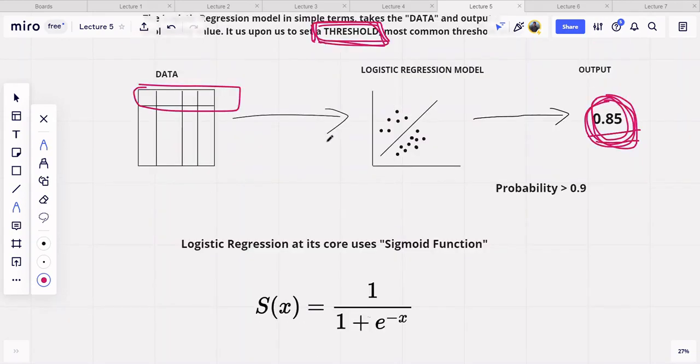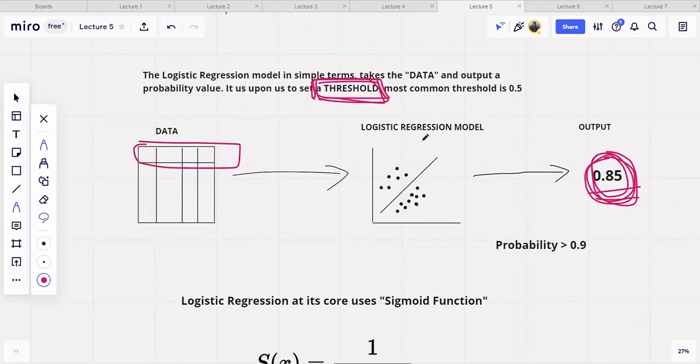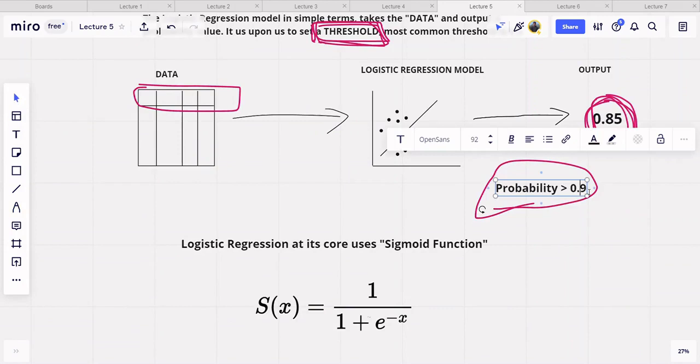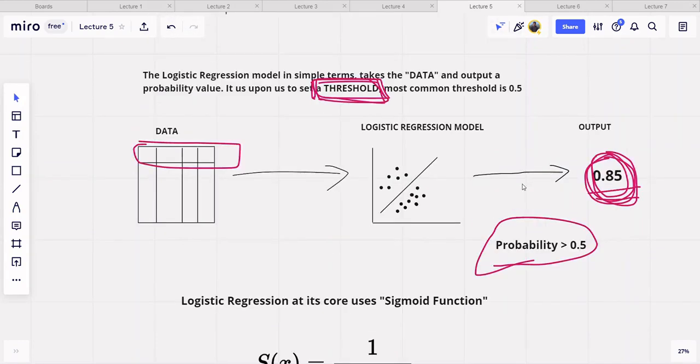So we can say that if the model outputs a probability higher than 0.5, then the person has diabetes. In the context of our diabetes data set, we can say that the data point belongs to the particular class.